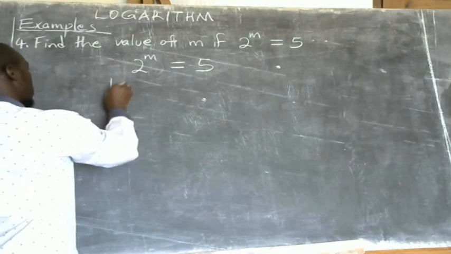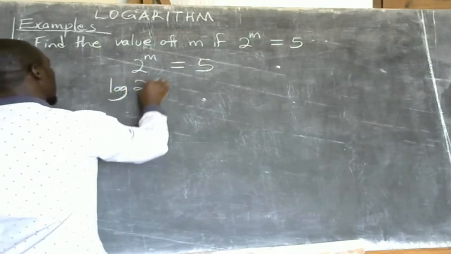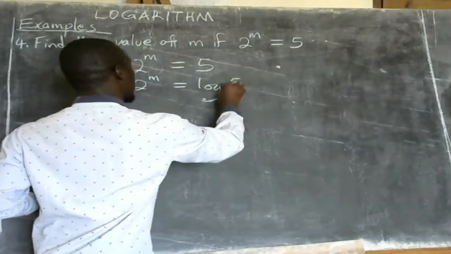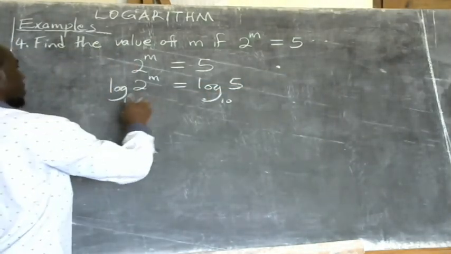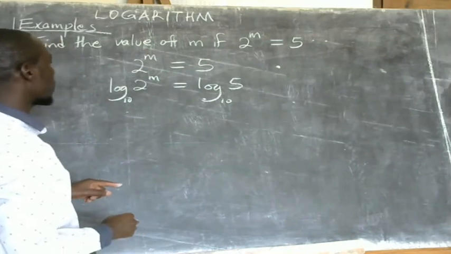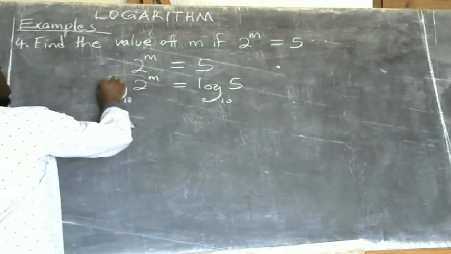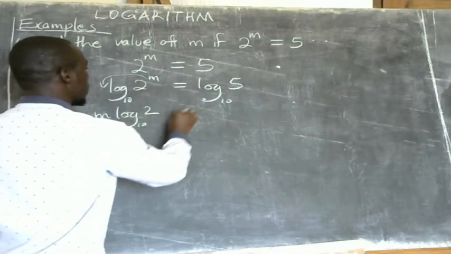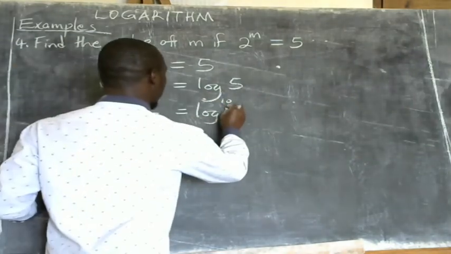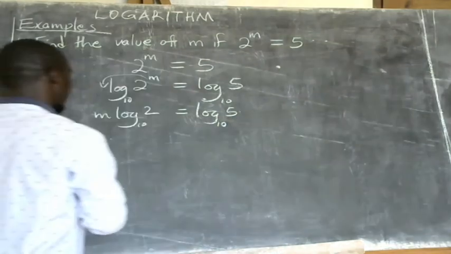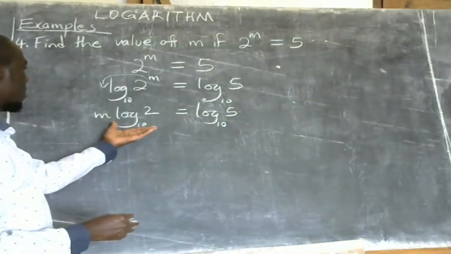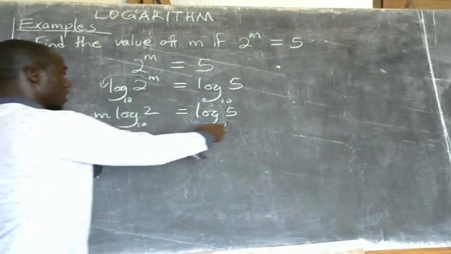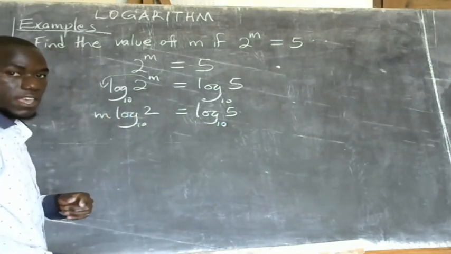So introducing log base 10, because on our calculators we have log base 10 there. Introducing log base 10 both sides. Then this power is going to somersault there. So this is going to be m times log of 2 is equal to log of 5. So now you can easily see that we can divide both sides by log 2 to get the value of m there.